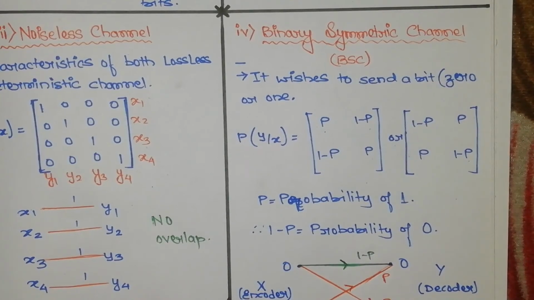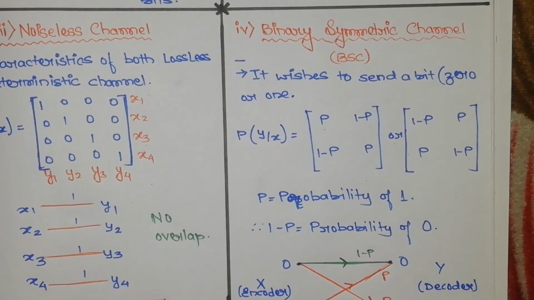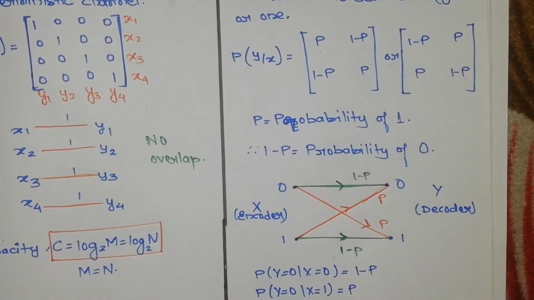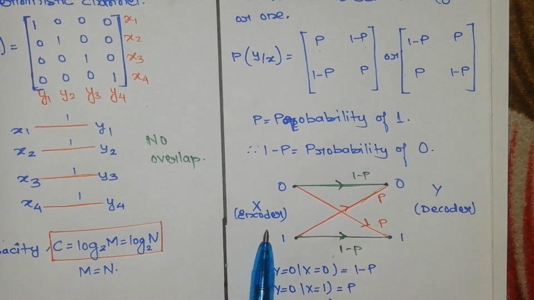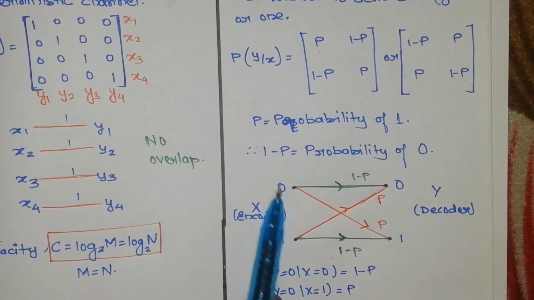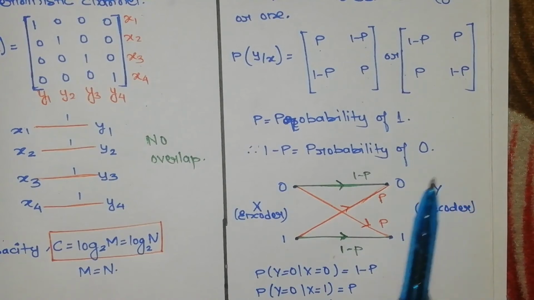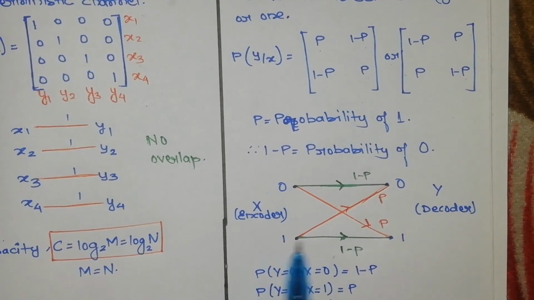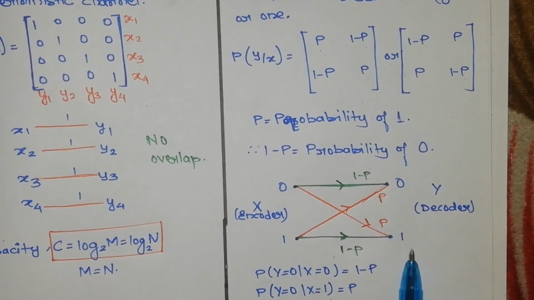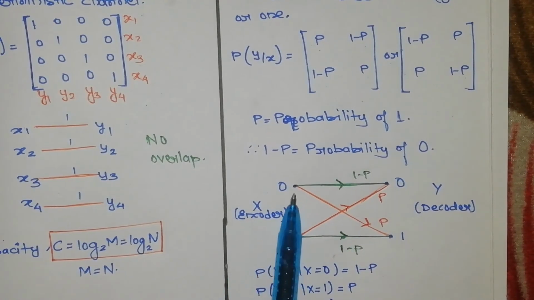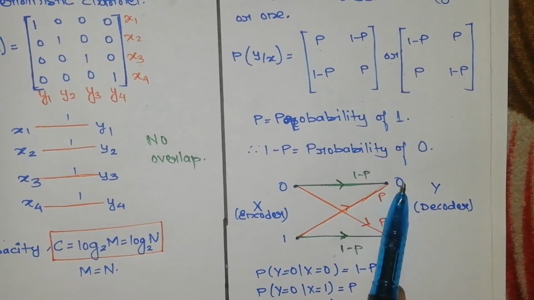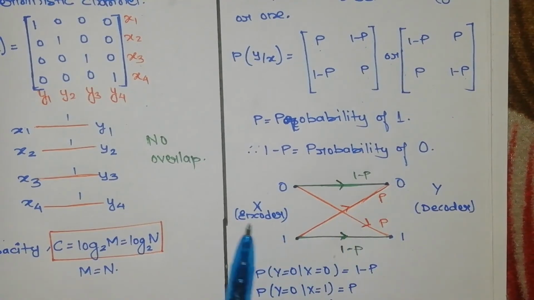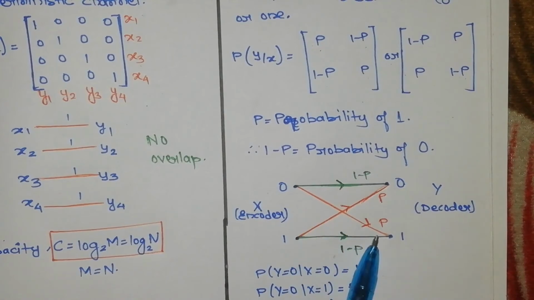Here there will also be a mapping of the inlets and outlets, but it can be of a different kind. Now we will have two parts, the X encoder, that is the input part, and the Y decoder, that is the output part. The input will have two values 0 and 1, and the output will also have two values 0 and 1. There can be a case that 0 is transmitted to 0, there is no change, or 0 is transmitted to 1, so there is a change.